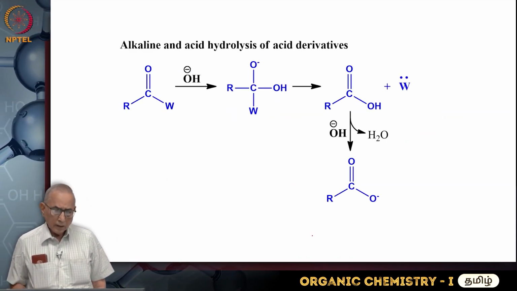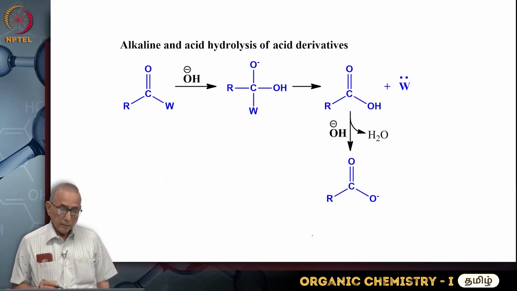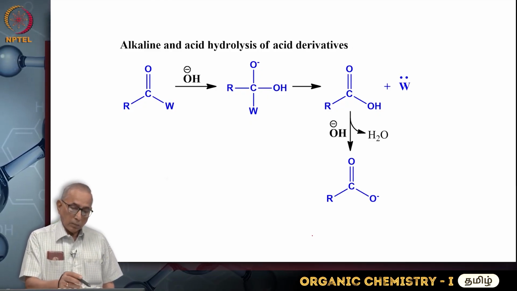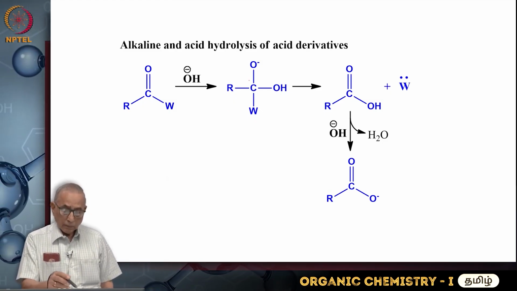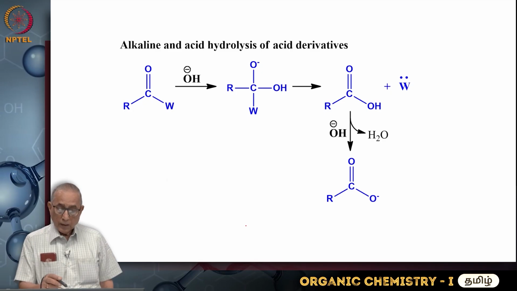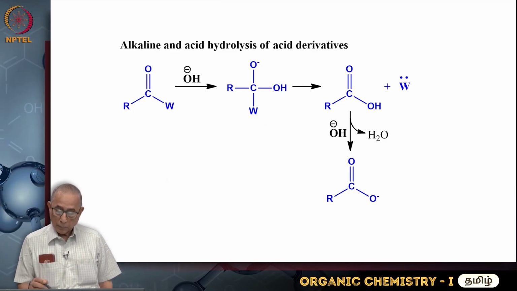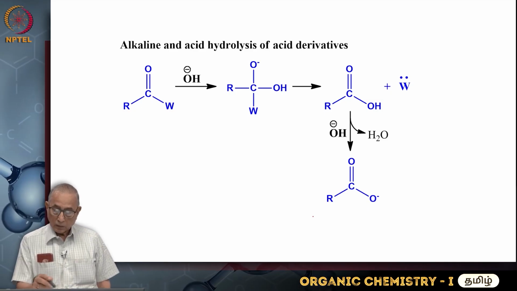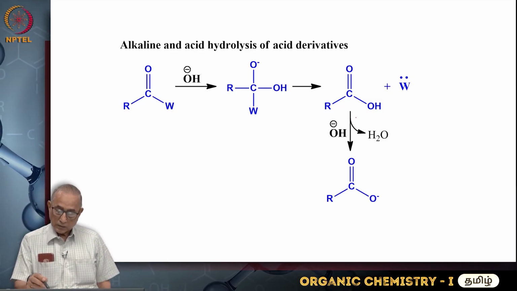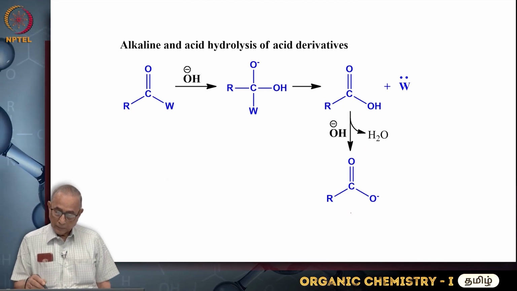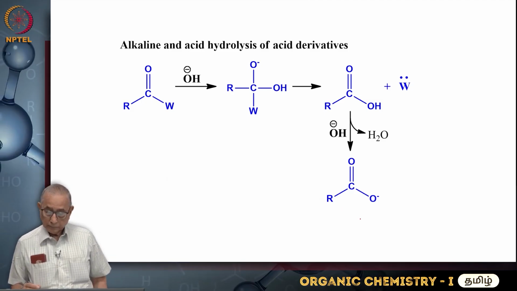The alkaline and acidic hydrolysis of acid derivatives: if you have RCOW, hydroxide oda react பண்ணாக்க இந்த முன்னாடி பார்த்த tetrahedral intermediate வரும். அதுலேருந்து W எடுத்துட்டாங்க, you get RCOOH, which is the product of hydrolysis. Carboxyl group is restored. If you just acidify, you get the COO minus.